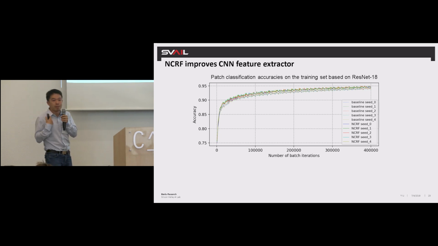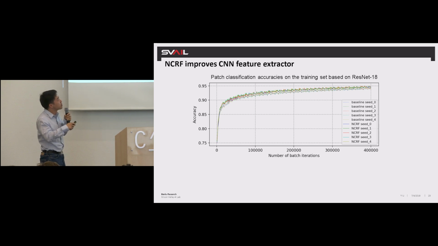First, I mentioned that because the CNN feature classifier is directly connected to CRF, it benefits by knowing the spatial distance between the neighboring patches. What I show here is the patch classification accuracy on the training set of our model, NCRF, compared to the baseline model that doesn't use the spatial correlations, with 5 different random seeds.